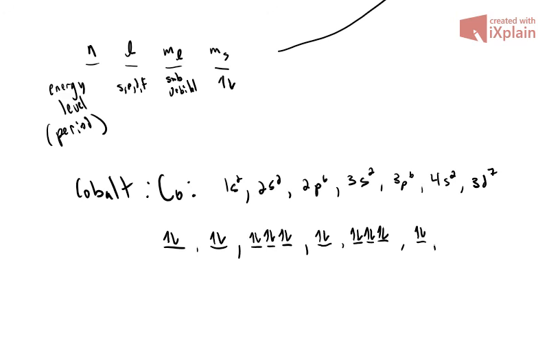And then 3d7. Now the d orbital can have 10 electrons, and so there are 5 pairs of 2. There are 7 electrons, so we go 1, 2, 3, 4, 5, 6, and then 7. And there you go. There is the electron configuration of cobalt.